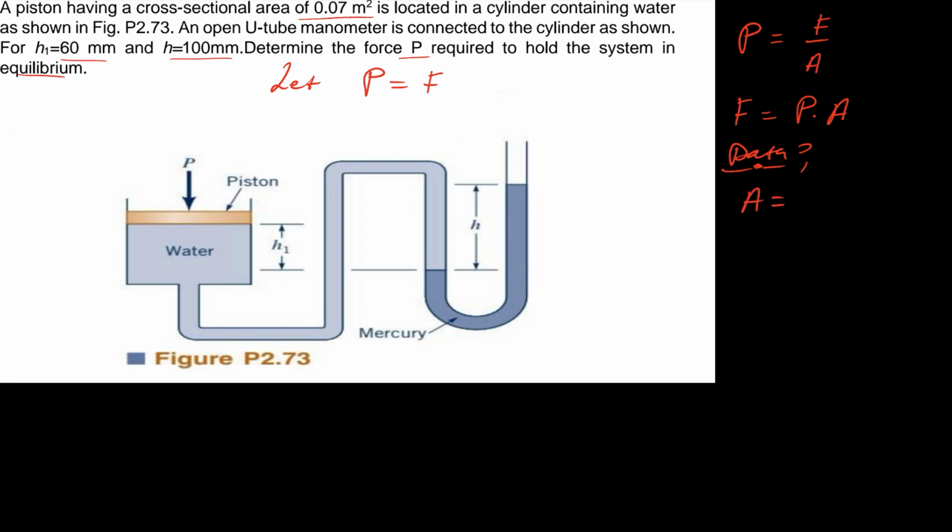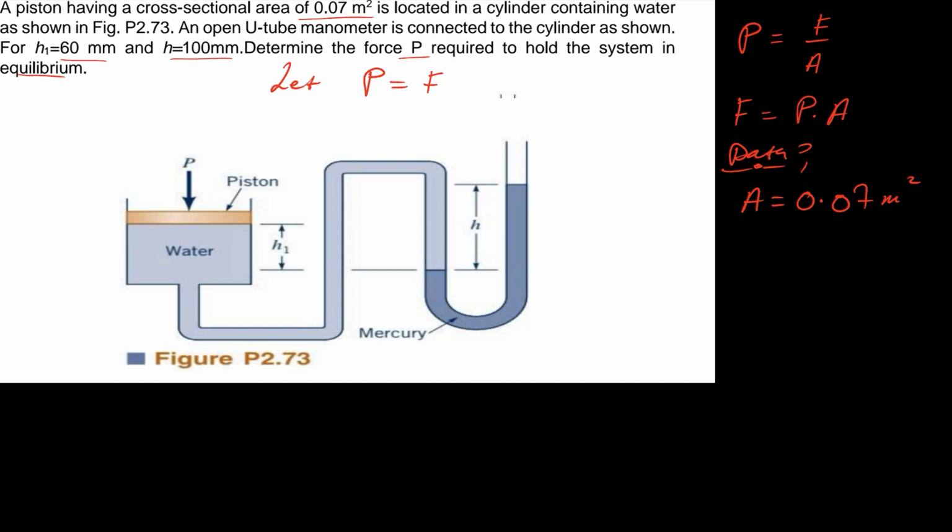The area has been given to be 0.07 meter squared, and with that area, all we need to do is to determine the pressure acting on the piston. Now, to find the pressure acting on the piston, all we have to do is to create an equation. So we are moving from this part of the water to the mercury part until we reach that point there.